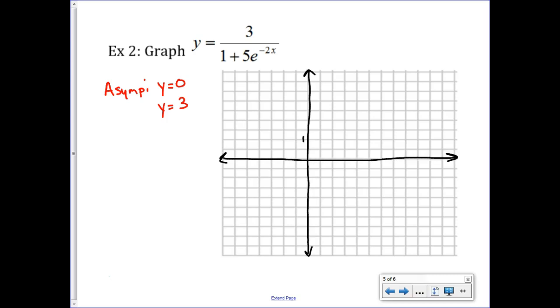And I'm going to go by halves so I can fit these in here. So y equals 0. So it's not so tight in where we're graphing. So y equals 3.